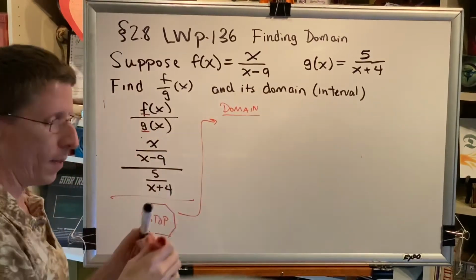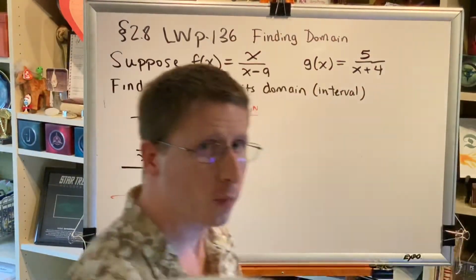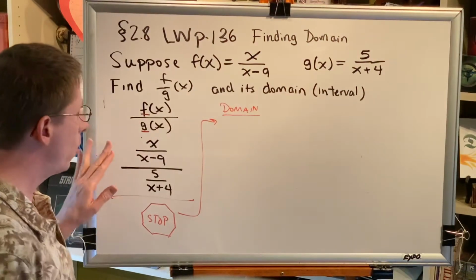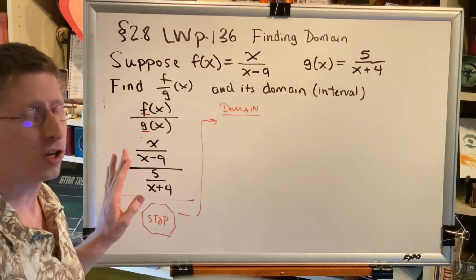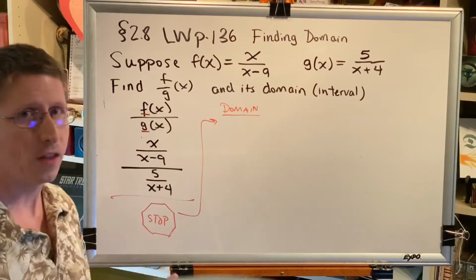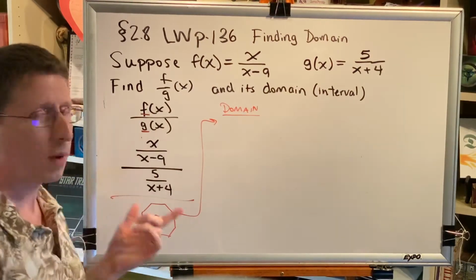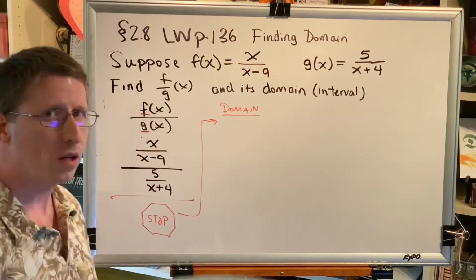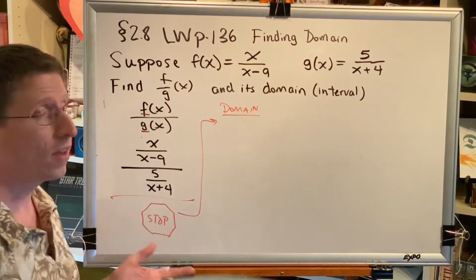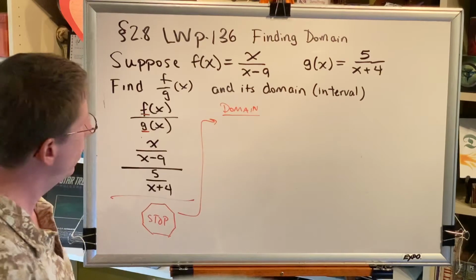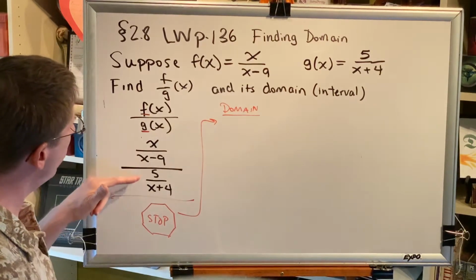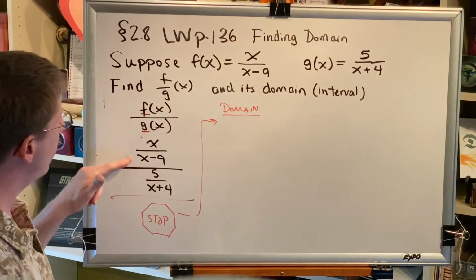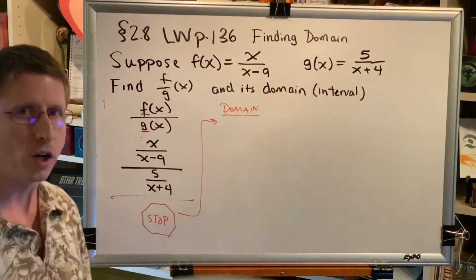We'll go through the 4 steps just as we have in other problems of this type, but we'll do so in a slightly accelerated fashion. By looking at the problem, we see that there are no even index radicals or logarithms, which means the only steps we need to apply are steps 1 and 4. Step 1 says, start with all real numbers. And then step 4 says, anything that would result in an undefined situation would affect our domain.